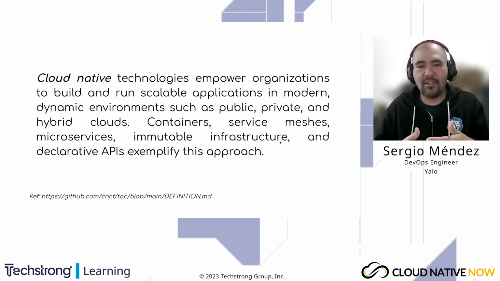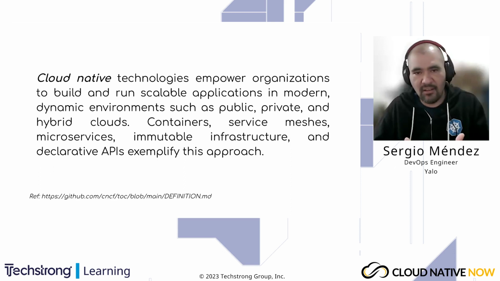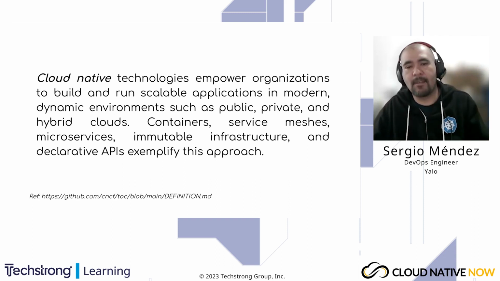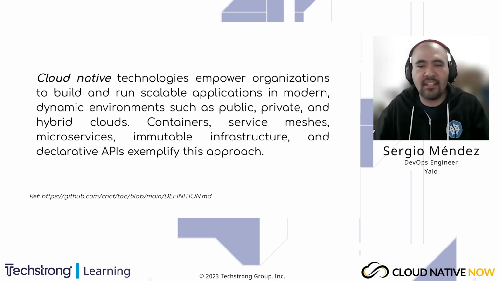To have a little bit of context about Cloud Native, this project uses Cloud Native technologies, but as you know, there are four main topics around Cloud Native, like CI/CD, containers, technologies that use APIs, the 12-factor apps and things around that.